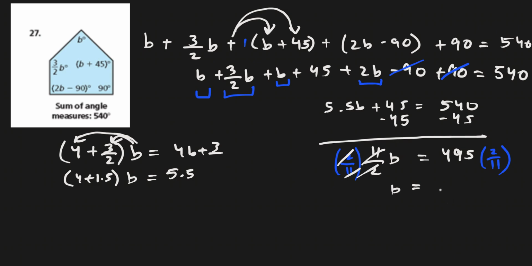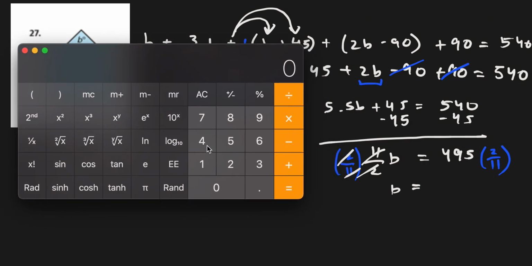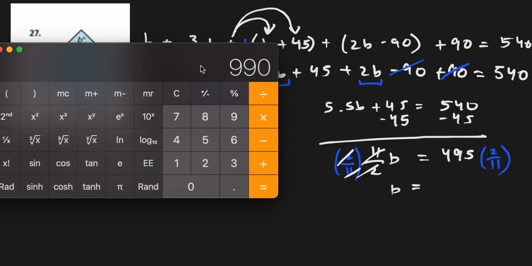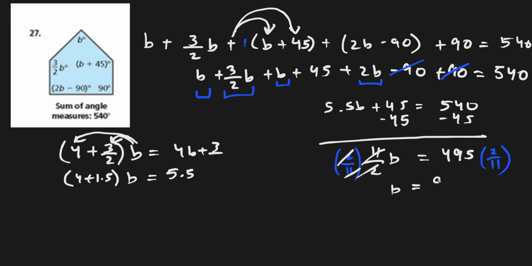I'll just use my calculator since this video is already getting kind of long. 495 times 2 is 990, and when we divide by 11, we get 90. So B is equal to 90.